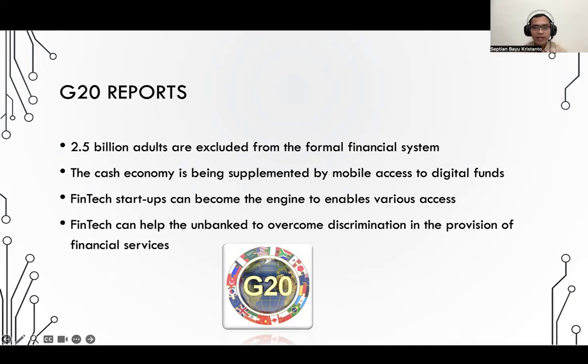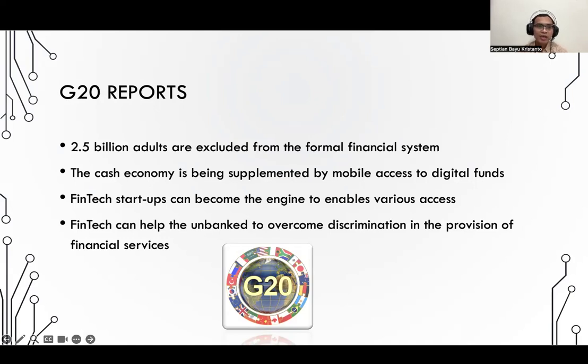So you can find digital funds in your gadgets or devices. You can make payments and trade using your mobile access. And the fintech startup is becoming the engine of wider access, not only for big companies but also for middle companies using financial technology.